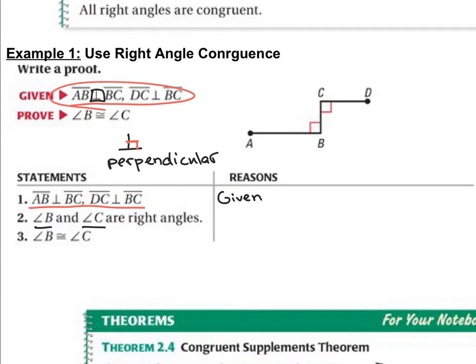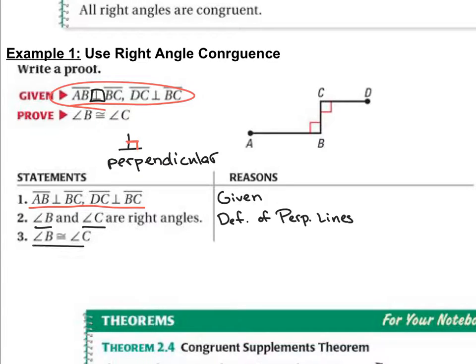So B and C are right angles, and the definition of perpendicular lines is what tells us that, because they are perpendicular, they intersect at a 90-degree angle. That's why B and C are 90 degrees, or right angles.